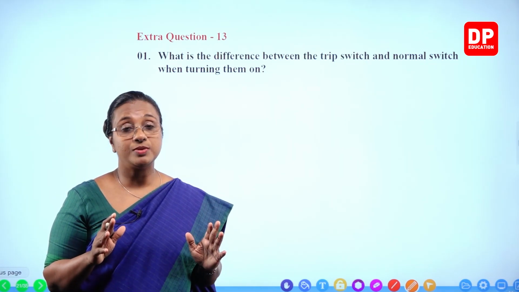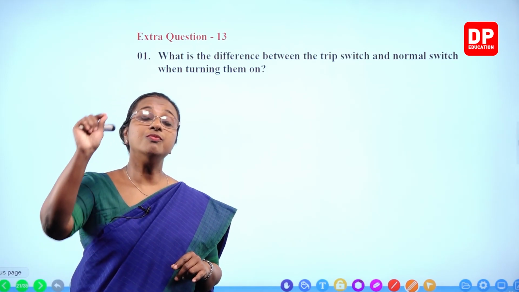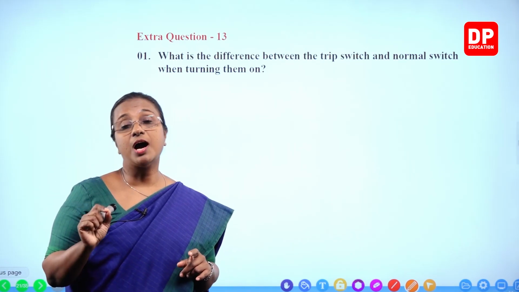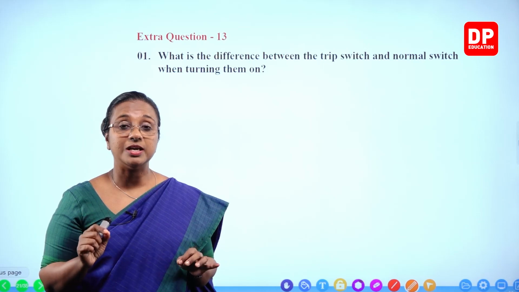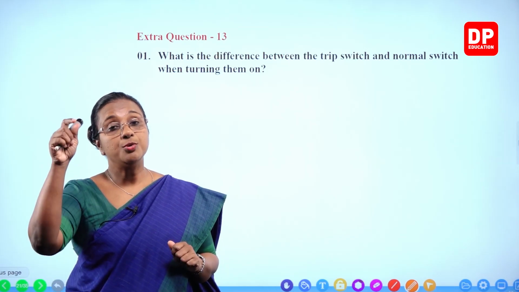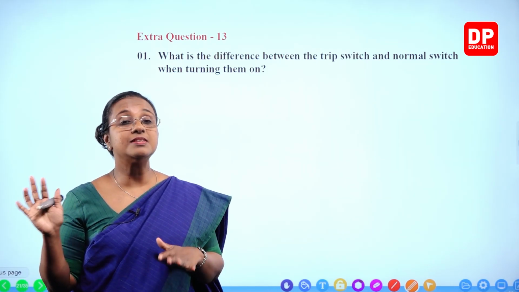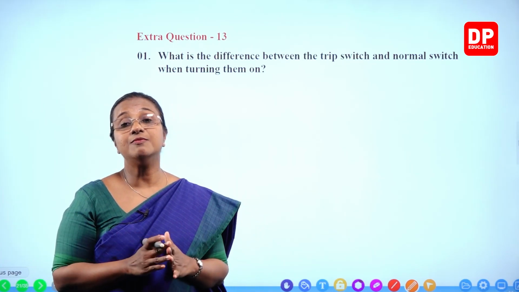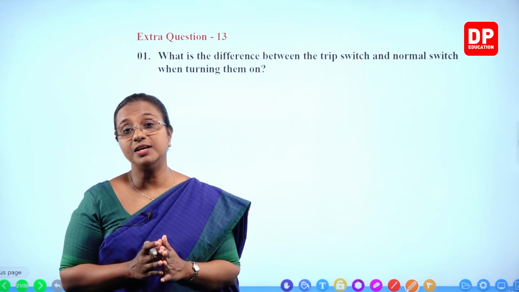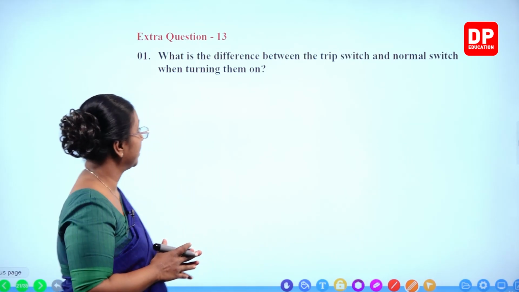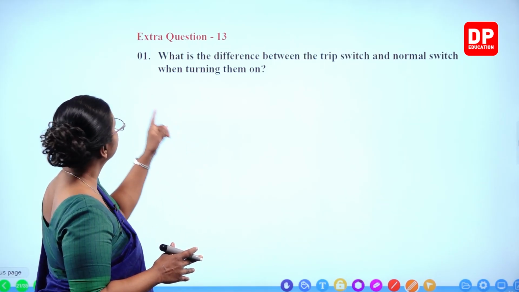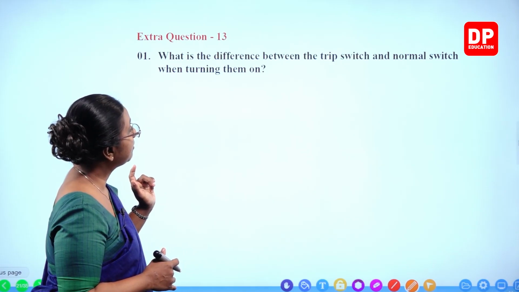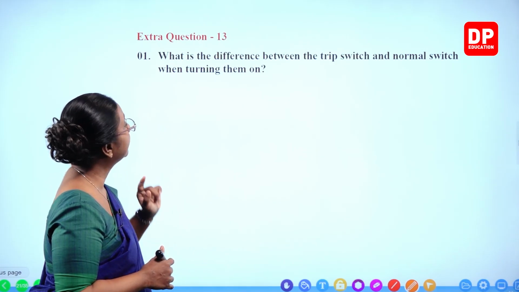But for a trip switch, when you push the lever up, the trip switch becomes switched on. When you pull the lever down, it is the off position. So it is the opposite in function when switching on and off the normal switch and a trip switch.